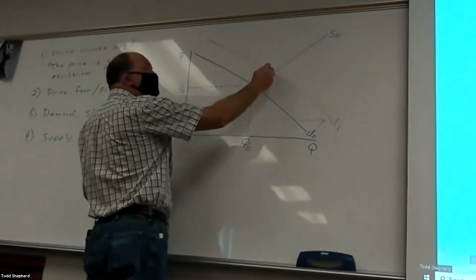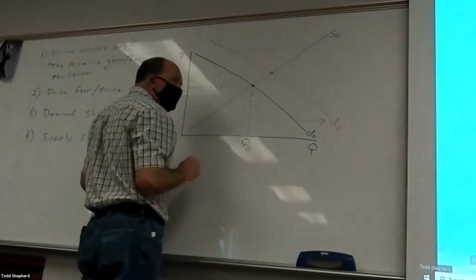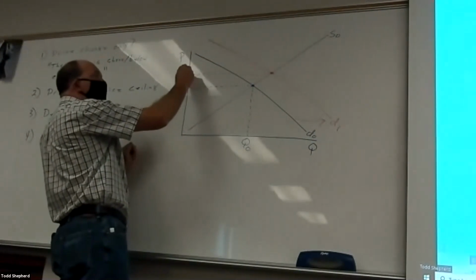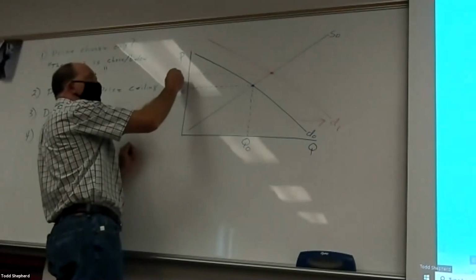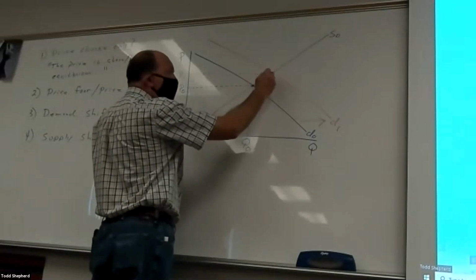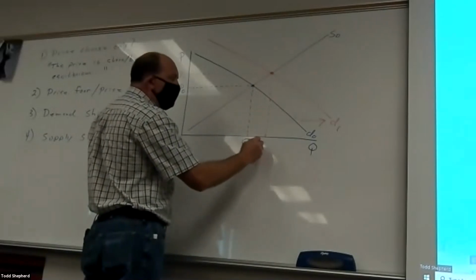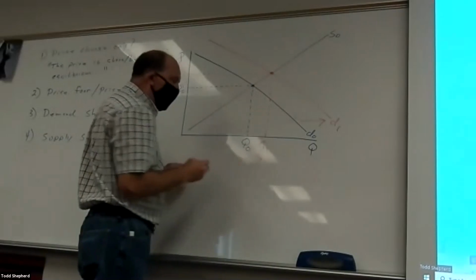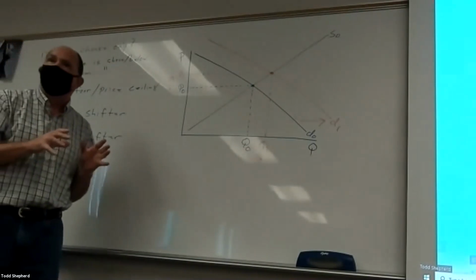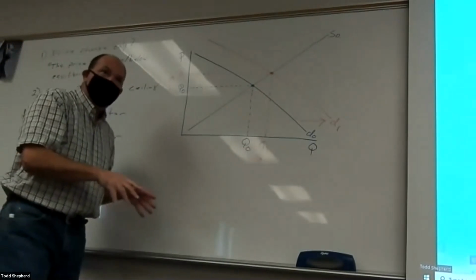And now we've come to a new equilibrium price. Well, what happened to that equilibrium price? Did it go up or did it go down? It went up, right? And what happened to equilibrium quantity? It increased as well.